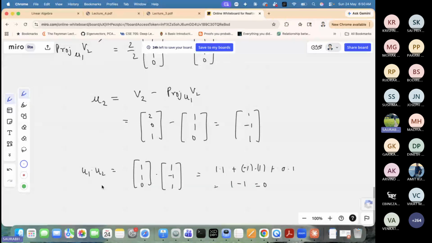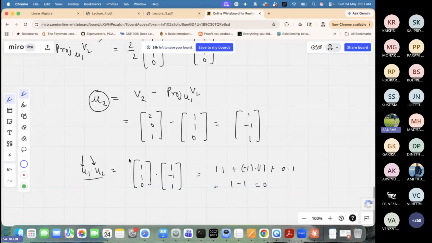So the second vector that you carved out by removing the alignment of V2 in the direction of U1 from V2 itself has become perpendicular. The new vector is perpendicular to the direction of the first vector.